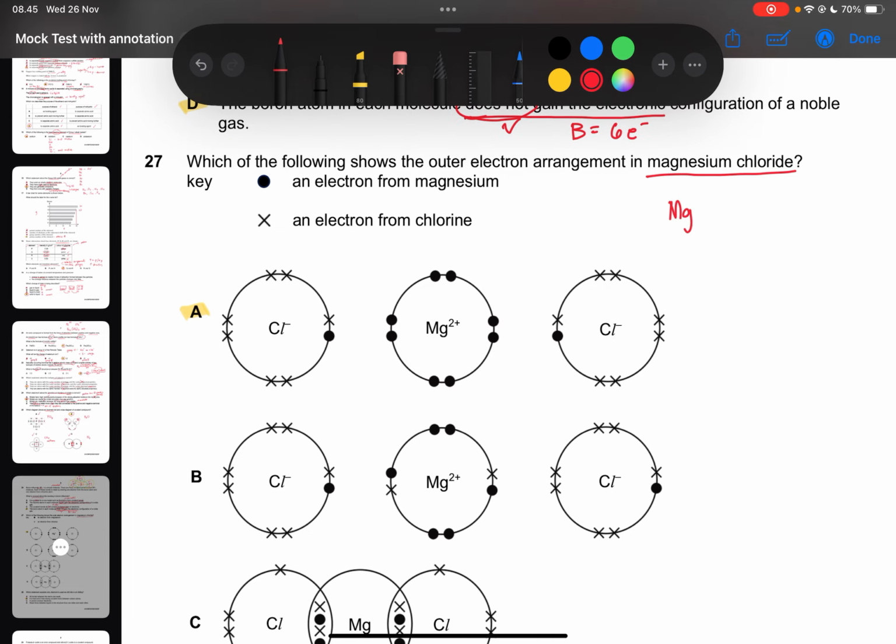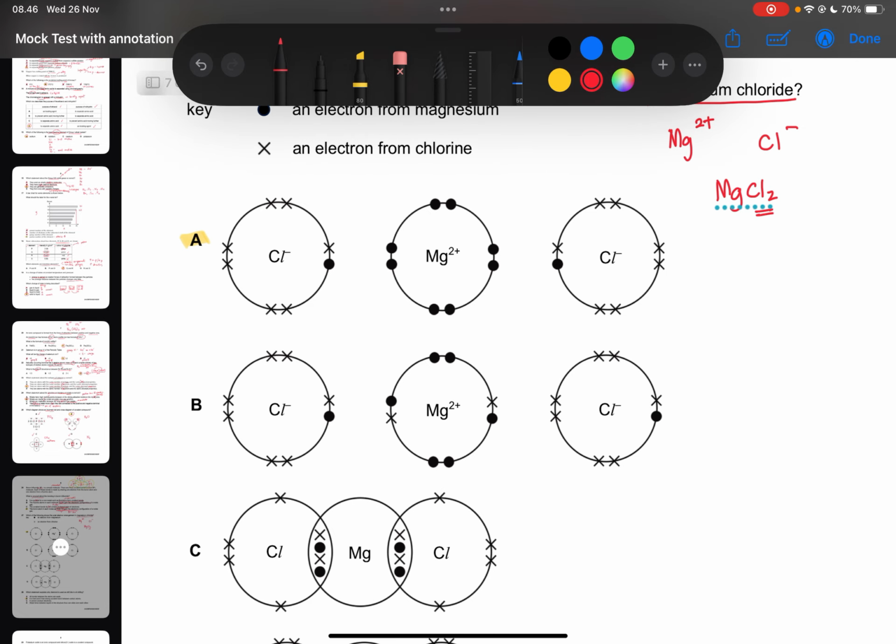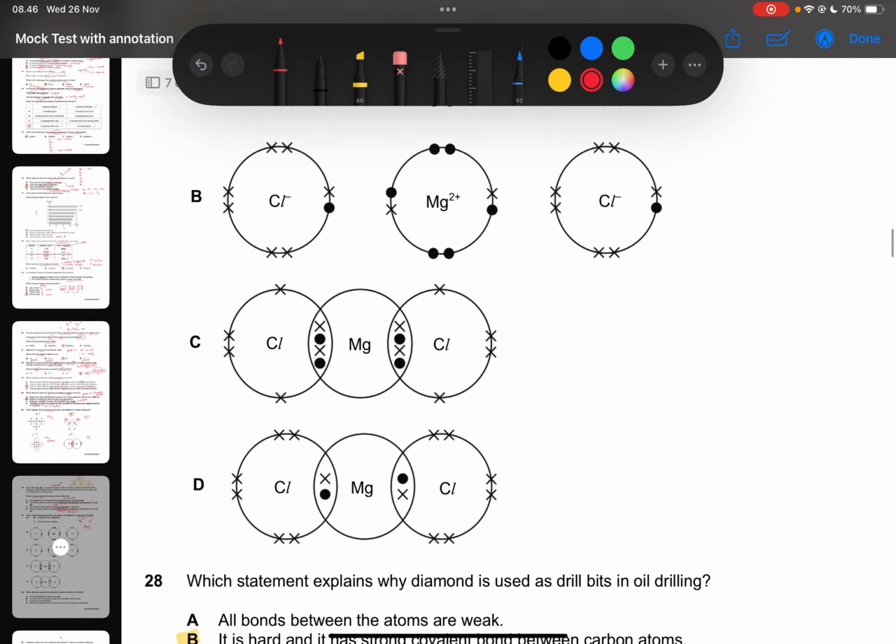Magnesium is in group 2, so therefore it will have a charge of 2 positive, while chlorine is in group 7, therefore it will have a charge of 1 negative. So their chemical formula will be MgCl2. So we're expecting that there should be 2 chlorine in our structure. So our possible answer is A or B.